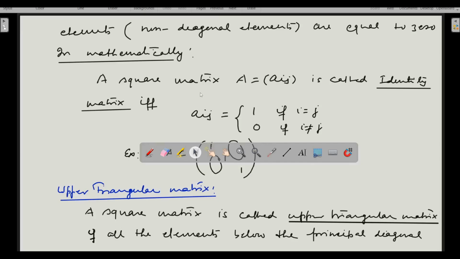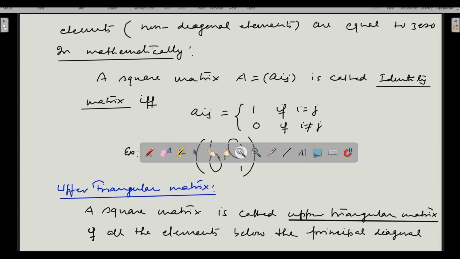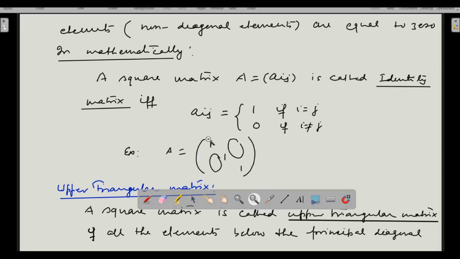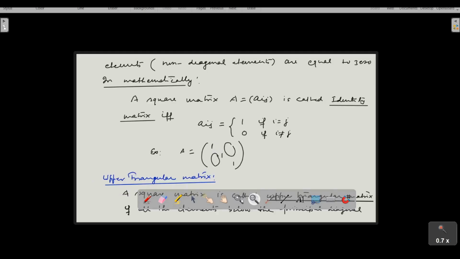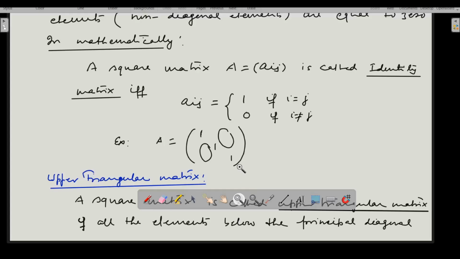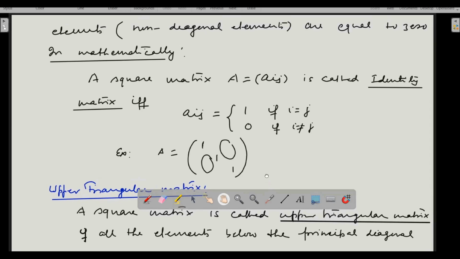Okay, so you can have a look. All the diagonal elements in this particular matrix are equal and equal to unity, and all the non-diagonal elements are 0.